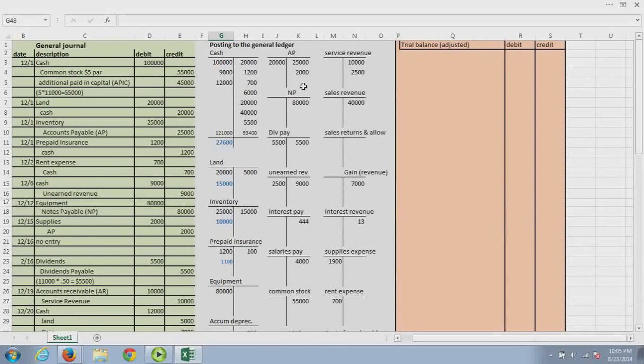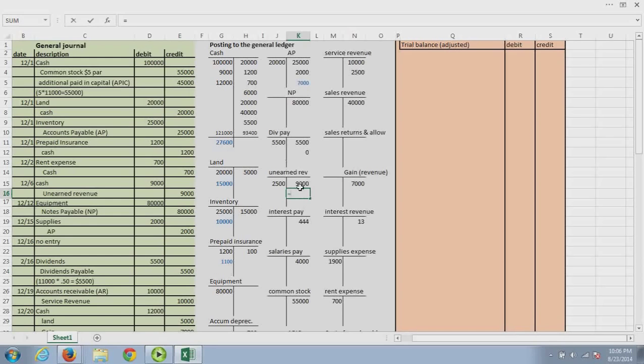Accounts payable, there's not that much activity, so it's going to have a credit balance. I'm going to take the credit side plus the credit minus the debit. Okay, 7,000. This one's really easy. It's going to have a zero balance, so debit minus credit, zero.